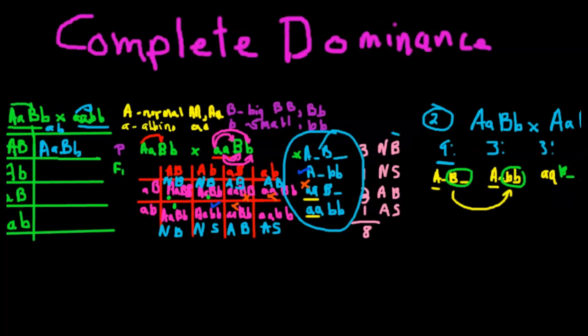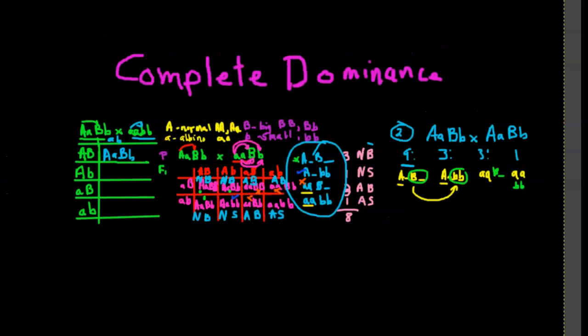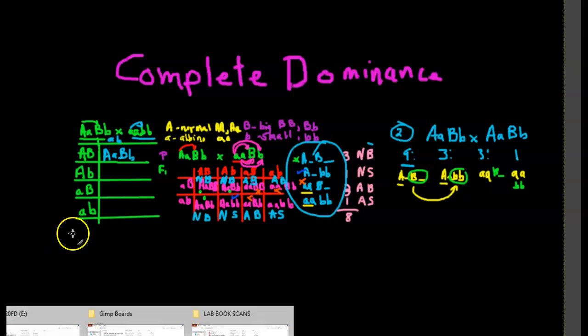So this is our example that we did on our previous video with the albino, normal, big nose, big toes, small toes. Okay, that's that one. Now we're actually going to go to incomplete dominance.